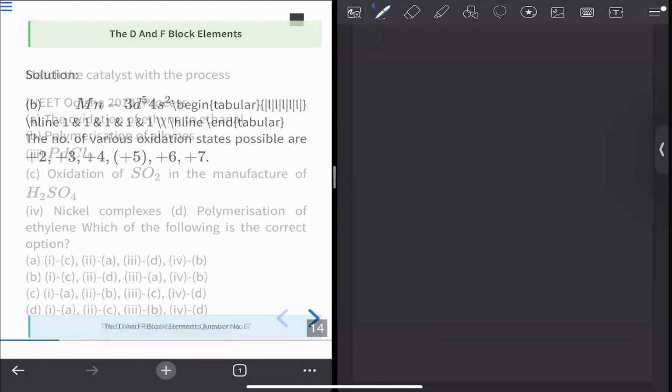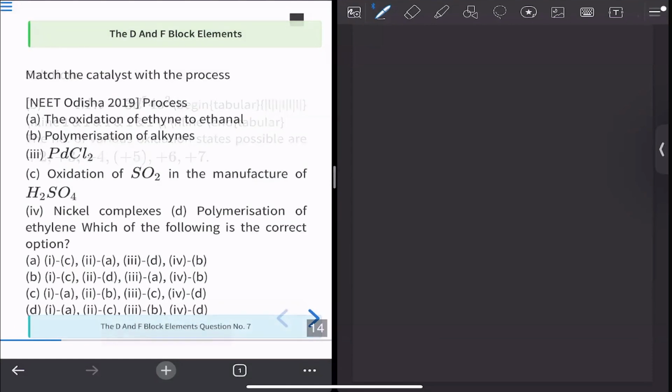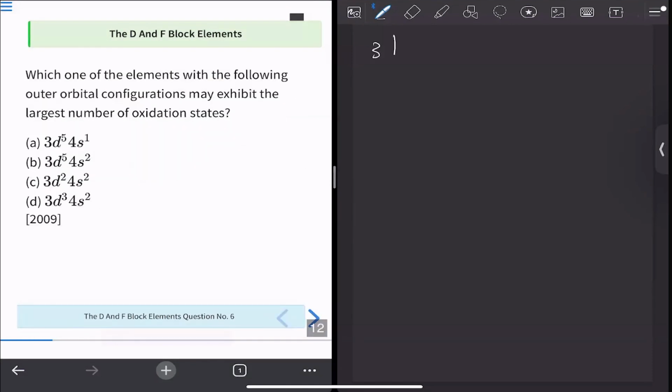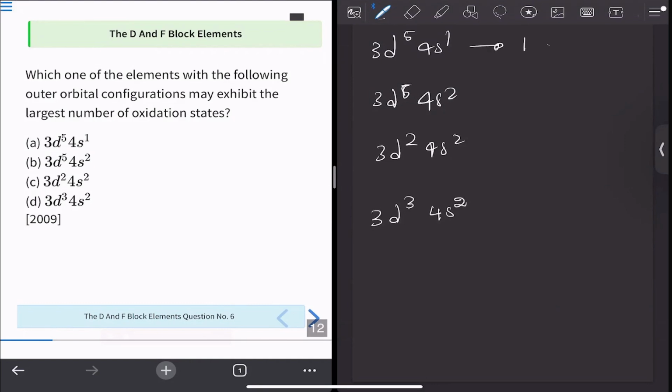The options are 3d5 4s1, 3d5 4s2, 3d2 4s2, and 3d3 4s2. Here we can remove one electron up to six electrons.